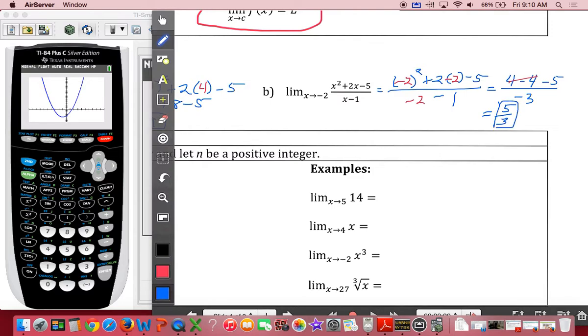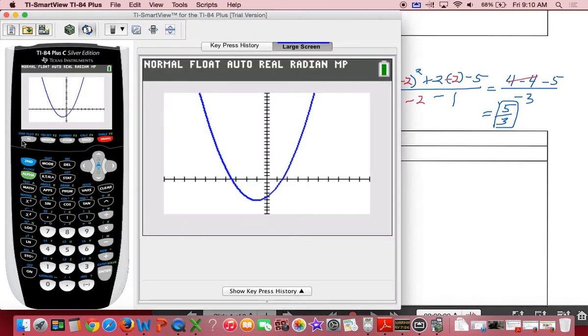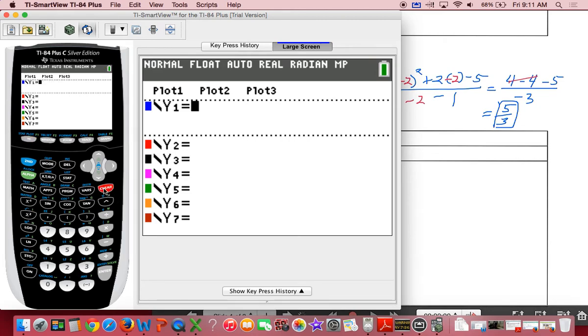So again, we can look at our calculator. We're going to plug in here into y equals. Clear that out. You use parentheses around your numerator and denominator. So parentheses x squared plus 2x minus 5, then divided by x minus 1 in parentheses.